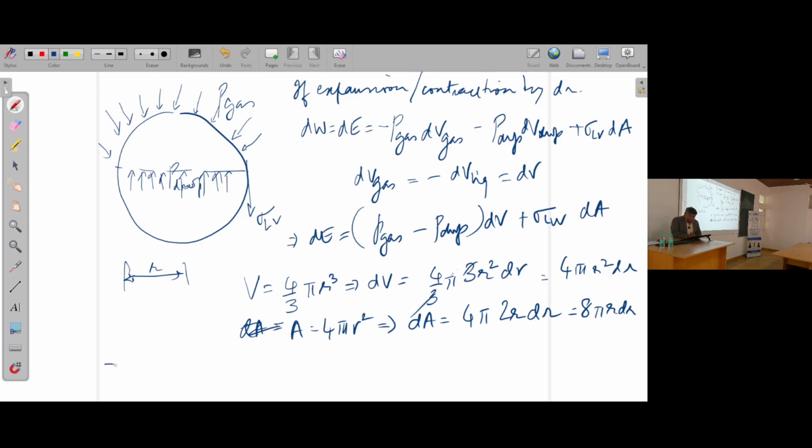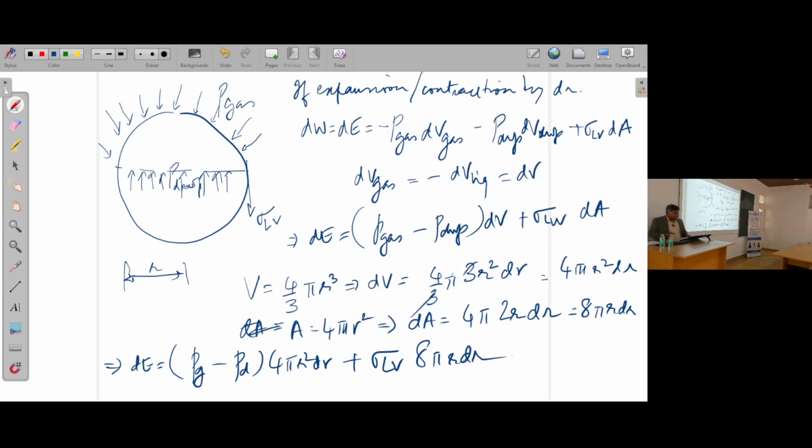So dE therefore is going to be P gas minus P drop times dV, which is 4 pi r square dr, plus sigma LV dA, which is 8 pi r dr.